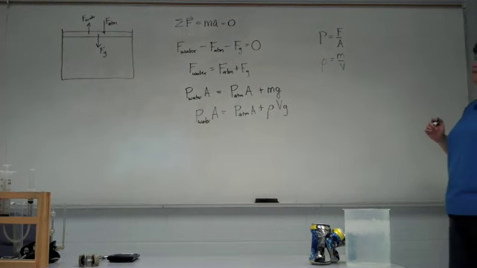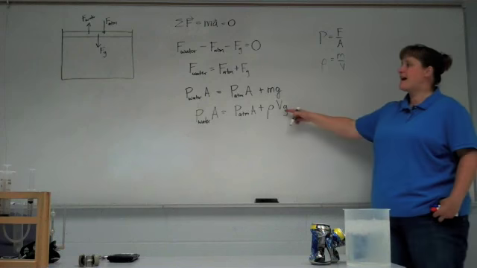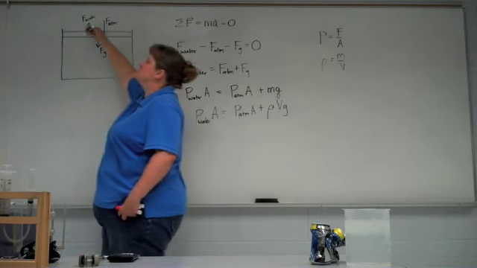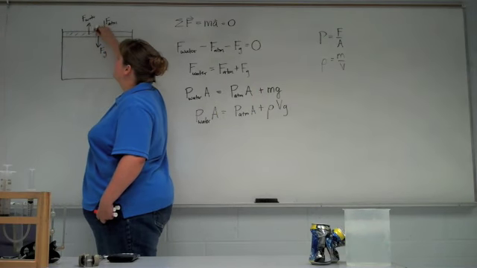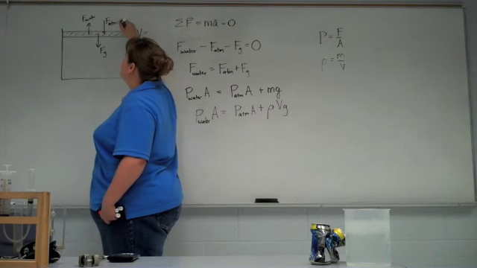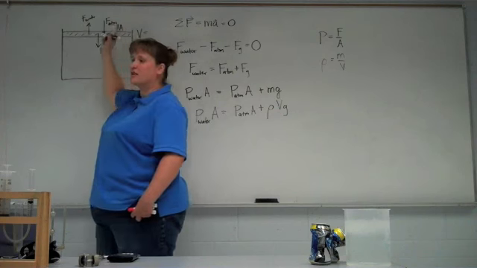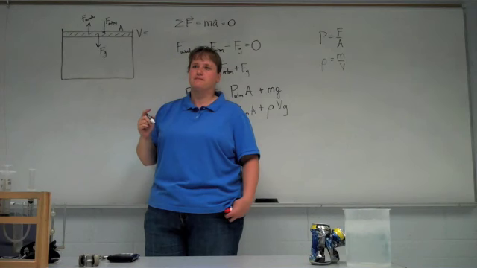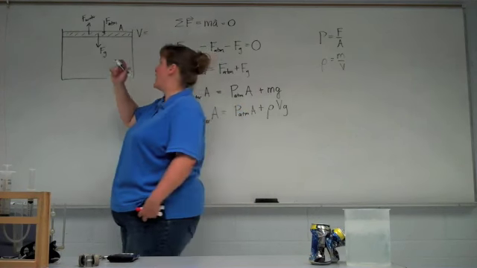Now we can do one more little simplification. The mass of that section of water depends upon the volume of this section of water. If I know the cross-sectional area of the whole thing, what else do I need to know to find the volume? Height. How high it is.